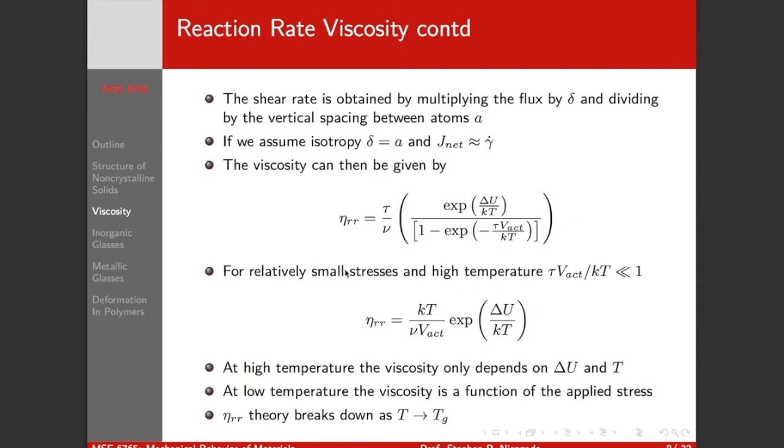So if we do that, we have an expression for viscosity that looks like this. And if our stresses are pretty small and our temperatures are pretty high, this term here is going to be much less than 1. And so we can make our approximation for our high temperature viscosity like this, where our viscosity becomes independent of the stress.